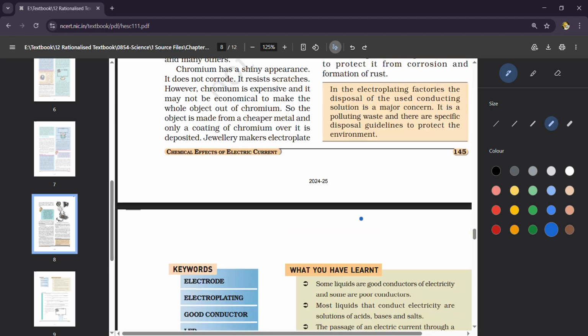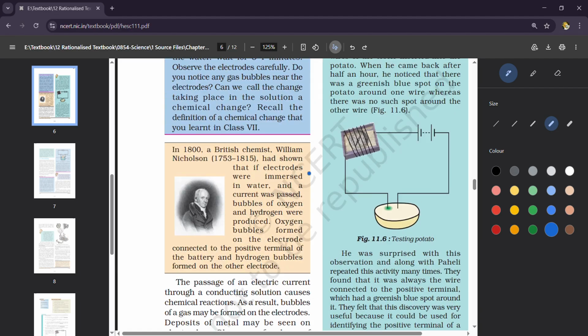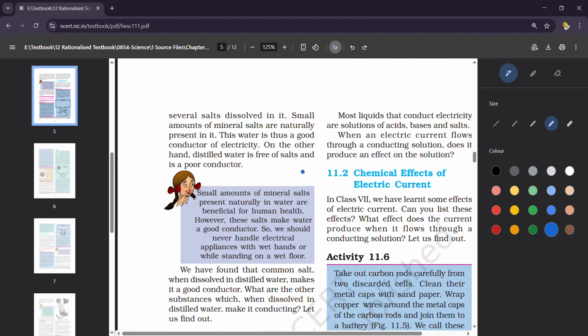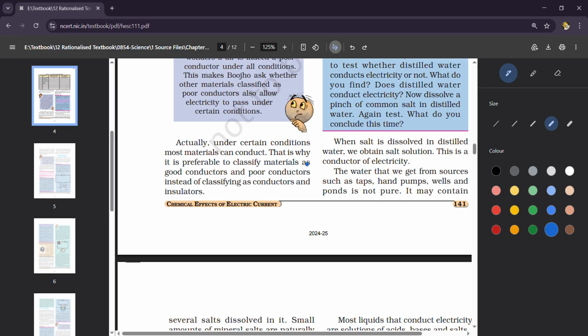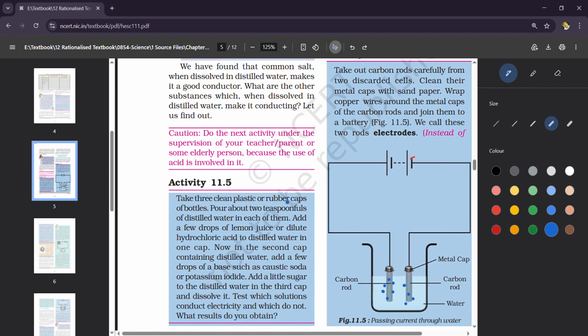It was a small chapter with only 3 topics, but an important chapter with many key concepts. Electricity is a form of energy. It is a clean and damage-free energy. It flows from the positive terminal to the negative terminal, and it flows through a circuit.